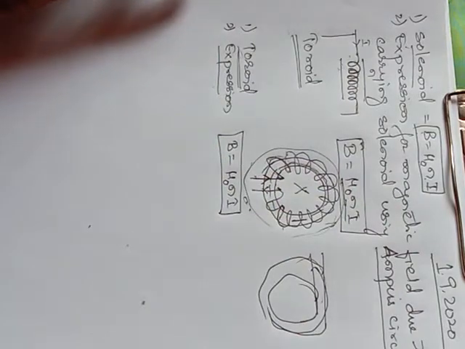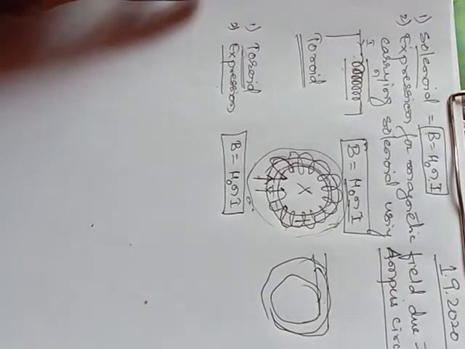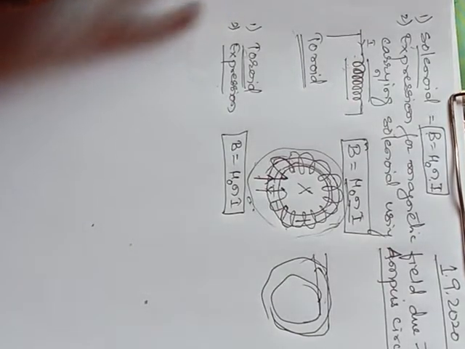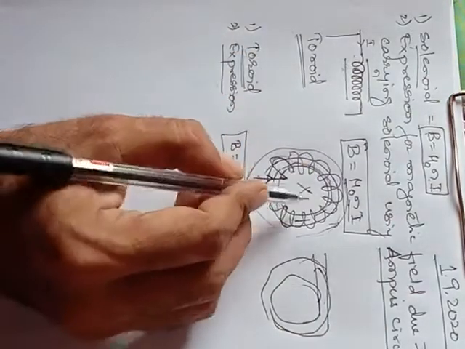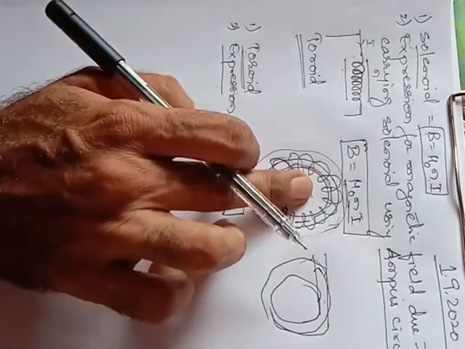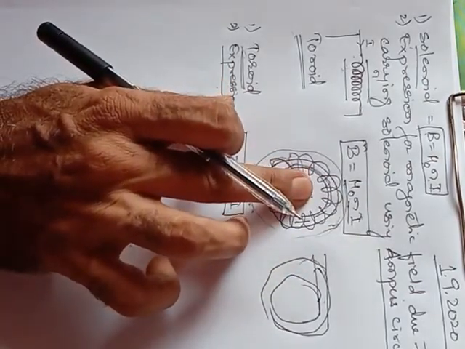So according to Ampere's law, if current is flowing through a closed surface, then a magnetic field exists. Here in the open space, this open space does not conduct any current.